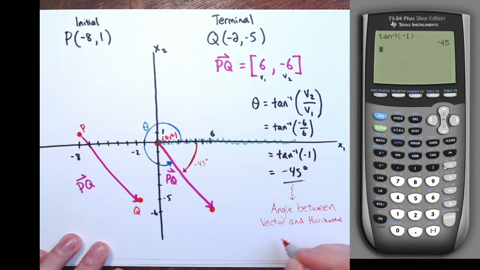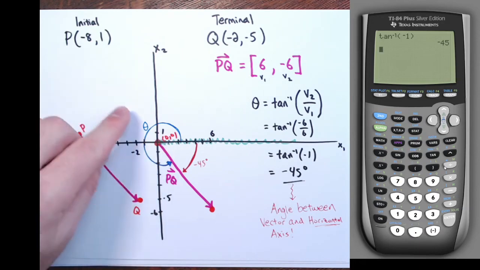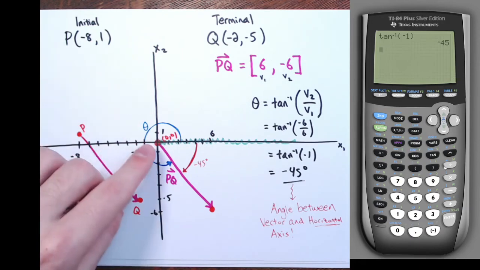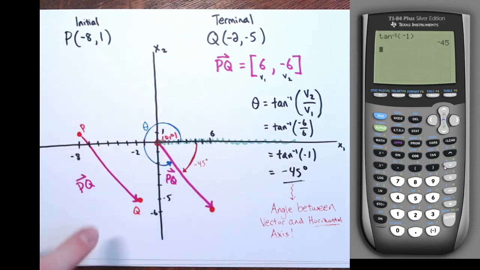So not necessarily the positive one, because you'll see later if the vector shows up over here in quadrant 2 or quadrant 3, this inverse tangent formula is going to give me an angle formed with the horizontal, and I'll show you what I mean with a picture in another example coming up. All right, so that's -45 degrees.